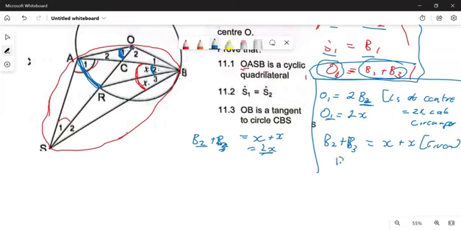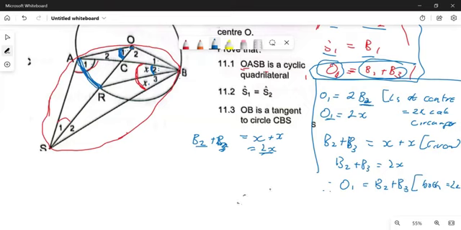And then we'll say that we have B2 plus B3, which is going to be equaling to 2X. Now, therefore, it means O1 is going to be equaling to B2 plus B3. And then the reason that I'm going to tell them is that both are equaling to 2X.